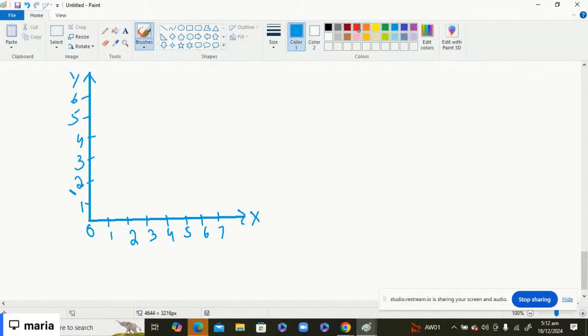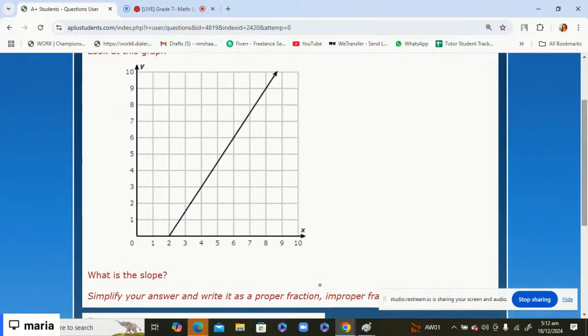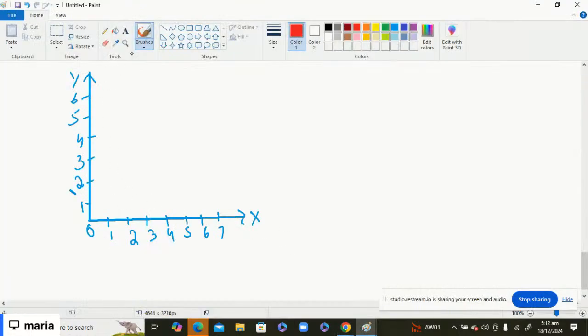The line starts from 2. Let me take the first point and here is the second point. First point is 2 and 0, second point is 4 and 4.